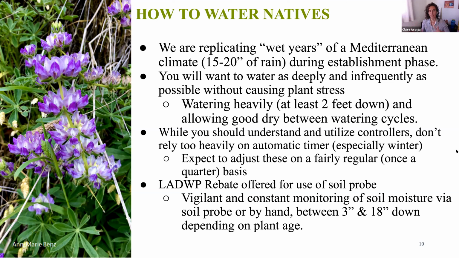Again, the big thing is water as deeply and infrequently as possible without causing plant stress. So watering heavily, at least 2 feet down, that's the root zone, and allowing a good dry down between the watering cycles is the goal. This obviously depends on the plant age, but even with a young plant, you want to start encouraging the roots to move deeper and more outward, more laterally.